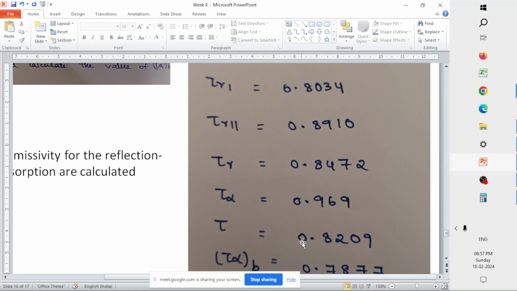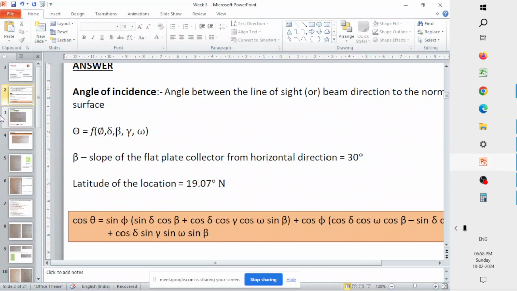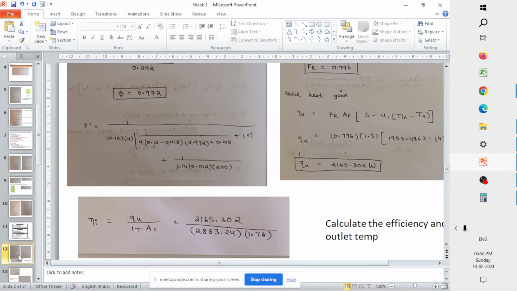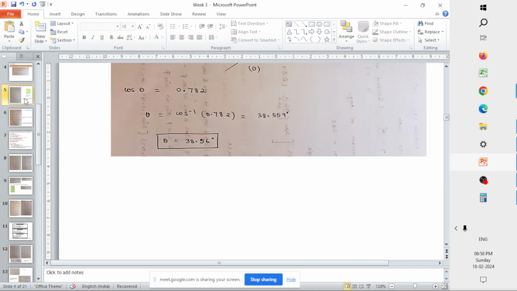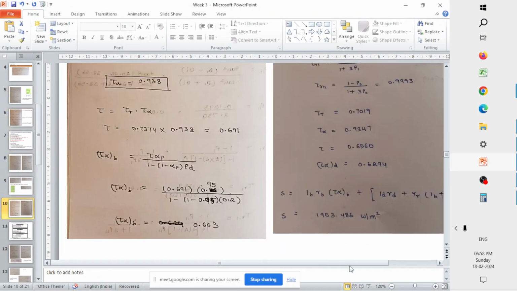In case of your flat plate collector, both your beam radiation as well as your diffusive radiation will be falling onto your flat plate collector. But in case of concentrating solar collector, it will be only your beam radiation. Here you do not need to calculate the value of tau alpha d. For example, if you remember, in the initial phase of today's session, we calculated the value of tau alpha d also.